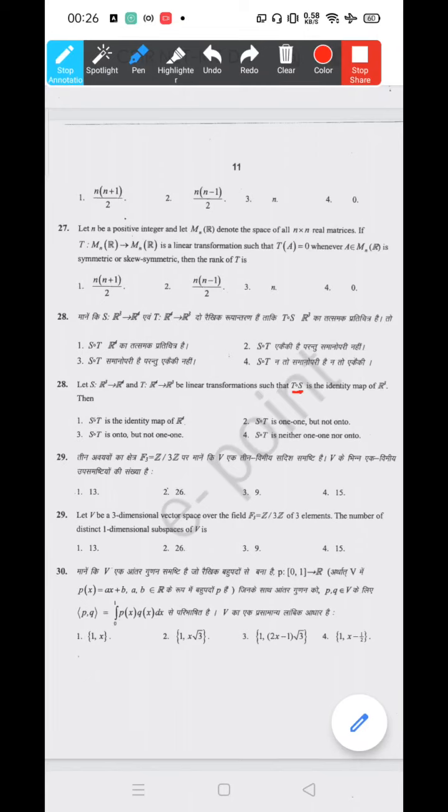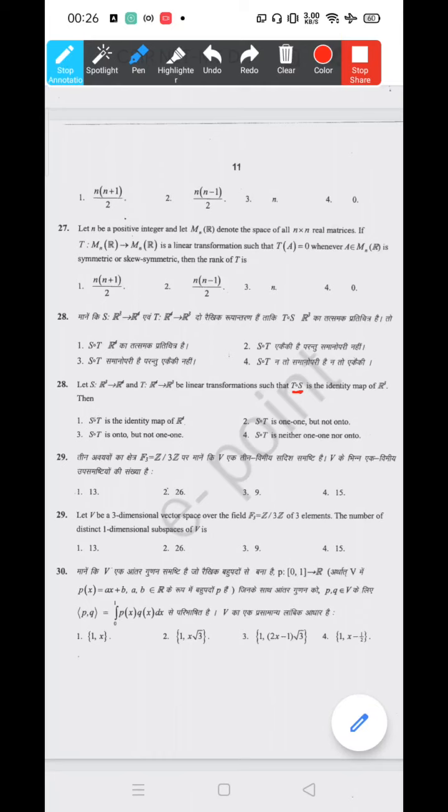See, what will be your S composite T? That will be R4 to R4, a 4 cross 4 matrix. What is T composite S? Here this is R3 to R3. We are extending it to R4 to R4.